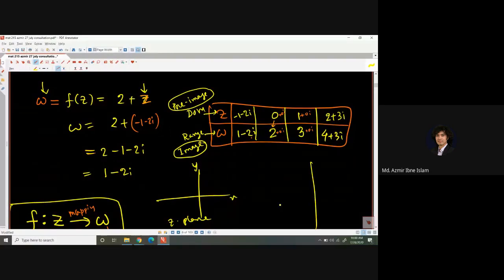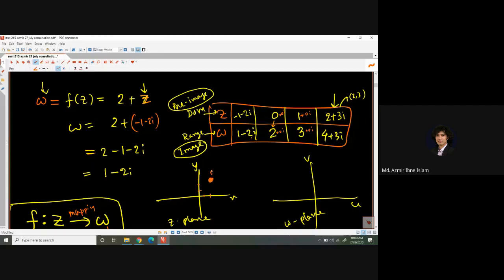And we have the output that is now known as the uv plane or the w plane. Let's say 2, 3. In input we have given 2 plus 3i, so that is actually the point 2 comma 3. So at first we have to locate 2 comma 3 in the domain. So 1, 2, 1, 2, 3. So this is the 2, 3 point.